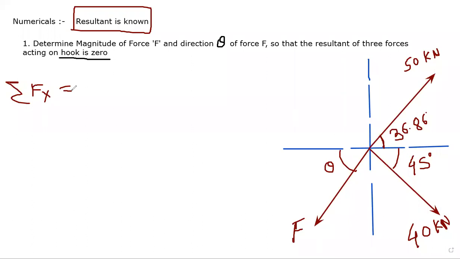What is the component of 50 kilonewton along the x-axis? 50 kilonewton cos 36.86 degree. Okay, next. What is the component of 40 kilonewton? 40 cos 45 degree.